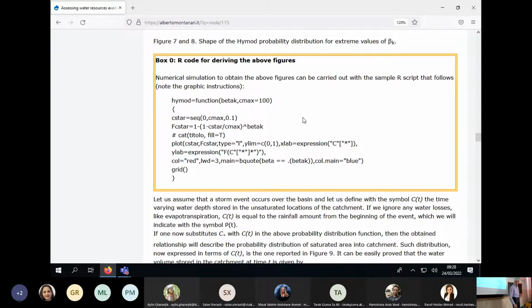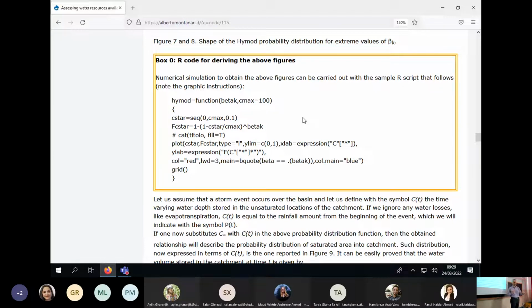The purpose is just to give you some additional knowledge on R functions, how plots are obtained in R, and also to give you the opportunity to play with the parameters in this relationship that gives you the fraction of the lower water storage in the catchment.